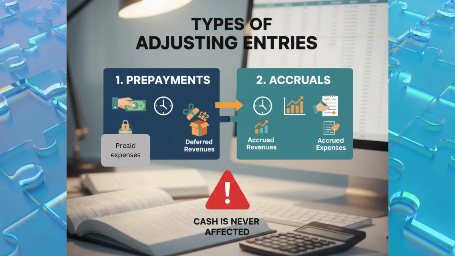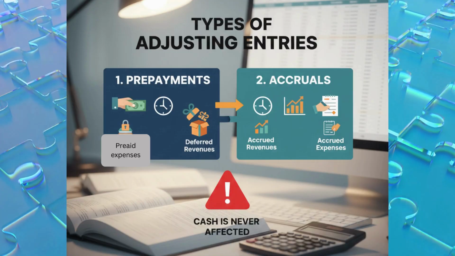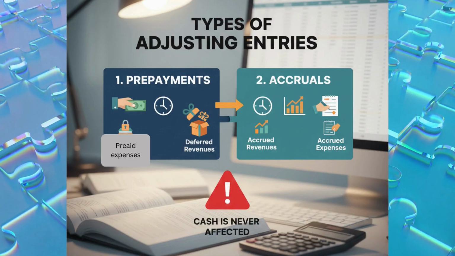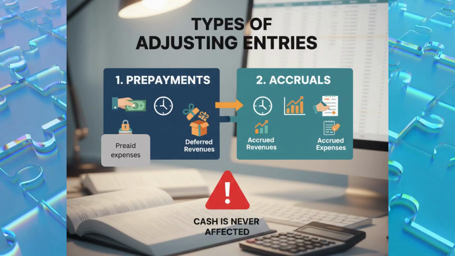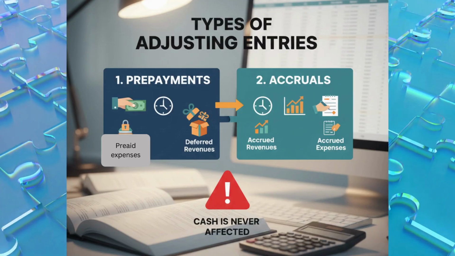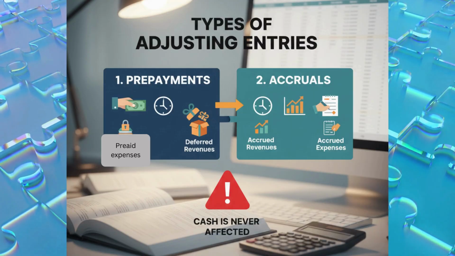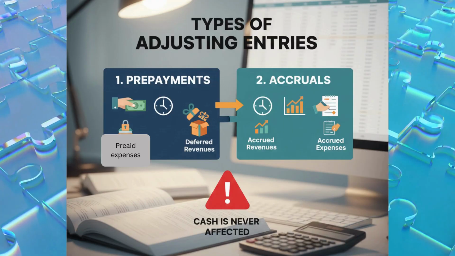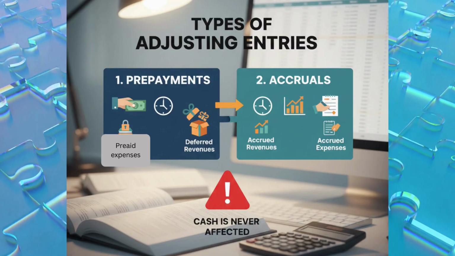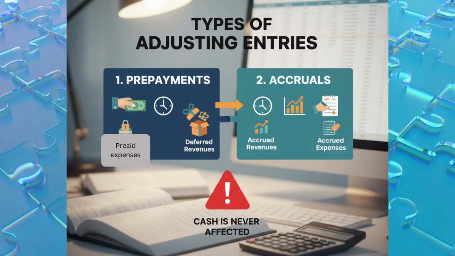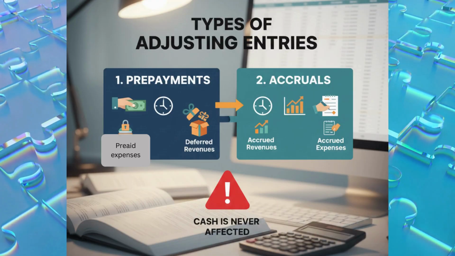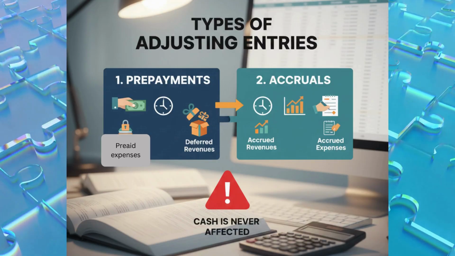Accruals. These involve expenses or revenues recognized before cash is paid or received. For example, accrued revenues, which means revenues earned but not yet received, and accrued expenses, expenses incurred but not yet paid. One important rule to remember: cash is never affected in adjusting entries.